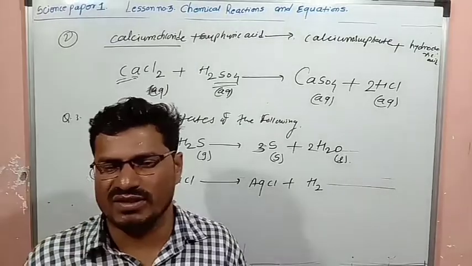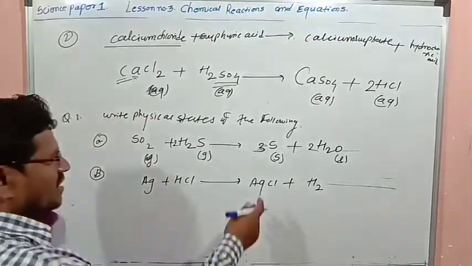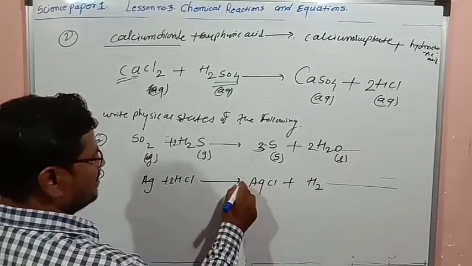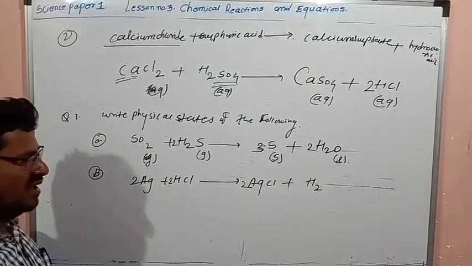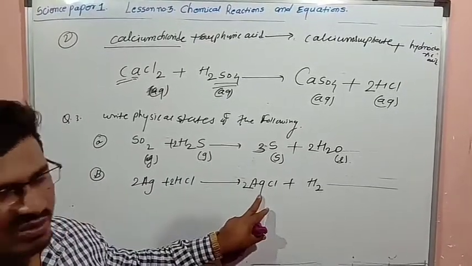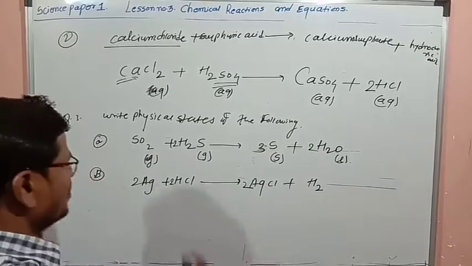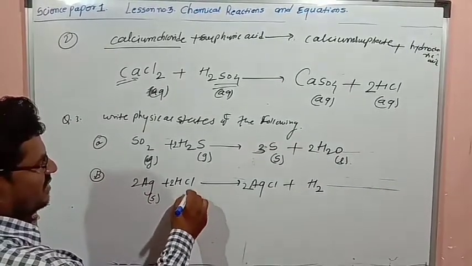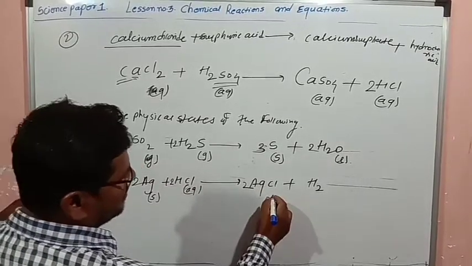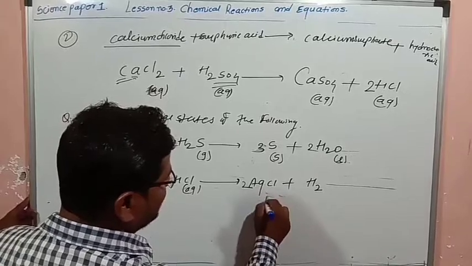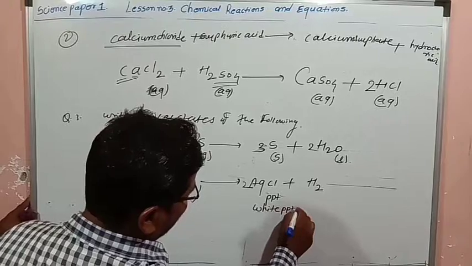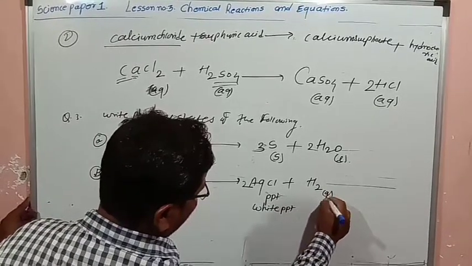The chemical equation is not balanced, but for H2 you multiply by 2, and for Cl you multiply by 2, so 2Ag plus 2HCl gives 2AgCl plus H2 gas. This one is solid state, this one is liquid state, you can take aqueous also. This one is aqueous, this one will be a precipitate, a white precipitate, and this one will be gaseous state.